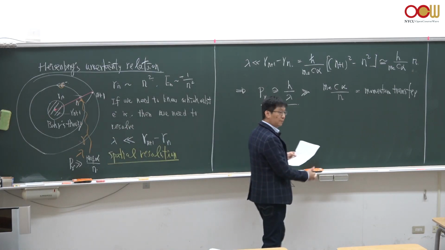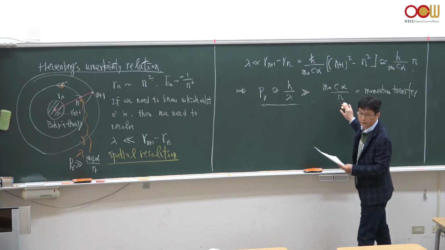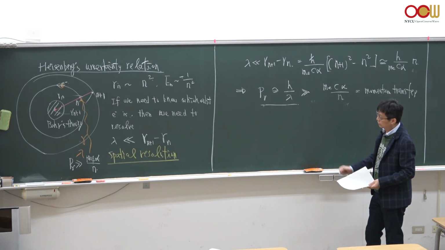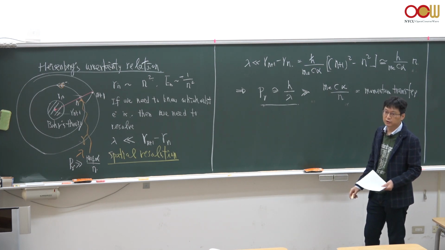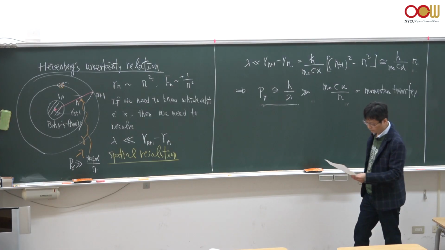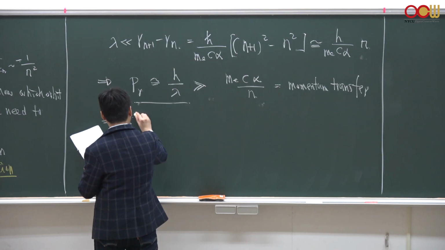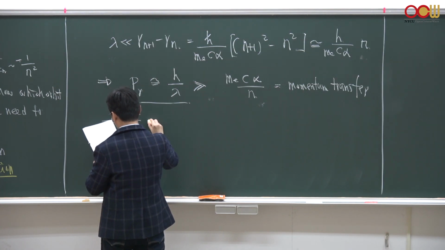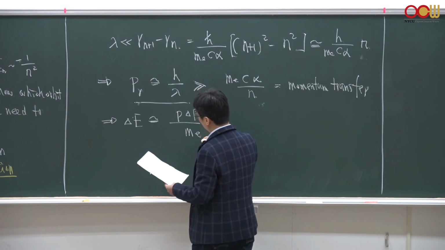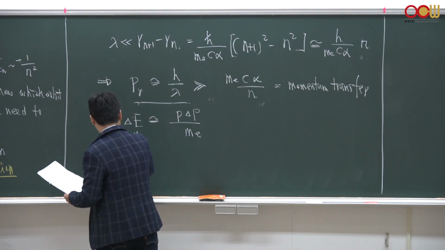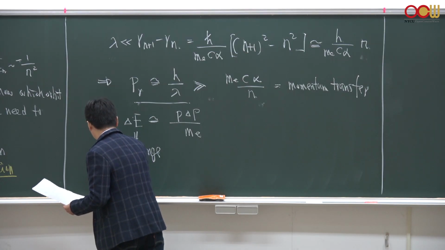So this is called momentum transfer, but that momentum transfer is really huge, which means that you need to really hit your target with a very high energy, high momentum photon beam, and this leads to an energy change to your system by that amount, roughly speaking, because this is the energy change or external energy injection.